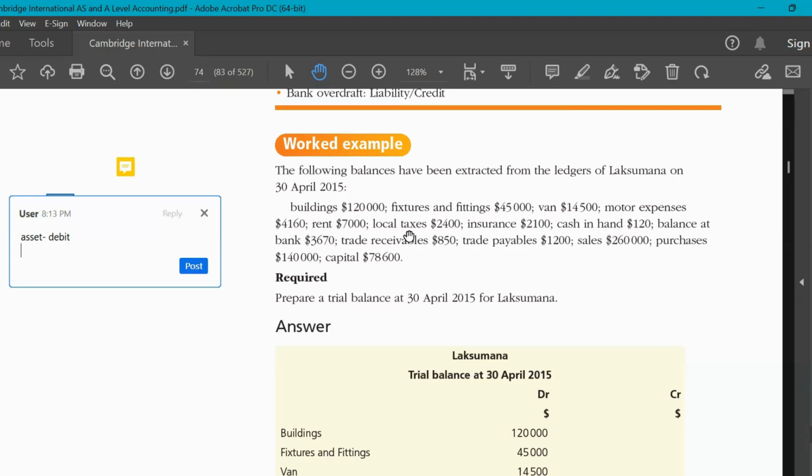Next is insurance. When we say insurance, these are the premiums that you have to pay to protect the assets. So for example, if your building has been damaged because of fire, then of course you will use your insurance. It's a sort of protection.